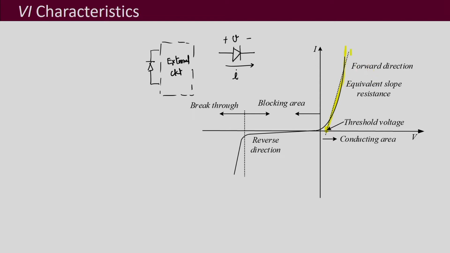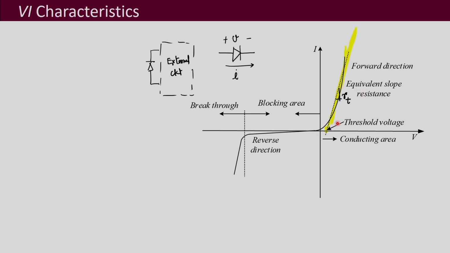And if you see the nature of this rise, it can be approximated to a sloping straight line. Accordingly, this line will have a slope, and that slope we can represent as RT, the forward slope resistance.